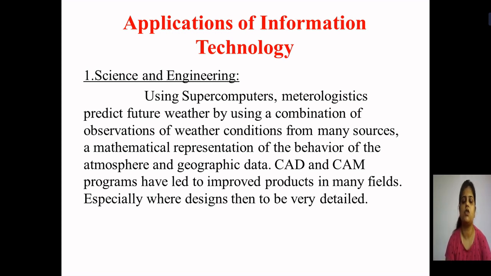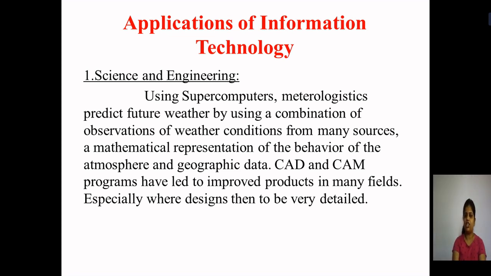Mostly the supercomputers or the meteorologists, what they do is the prediction of weather, by the prediction of future weather, the combination of your observation on different types of sources and the mathematical behavior.